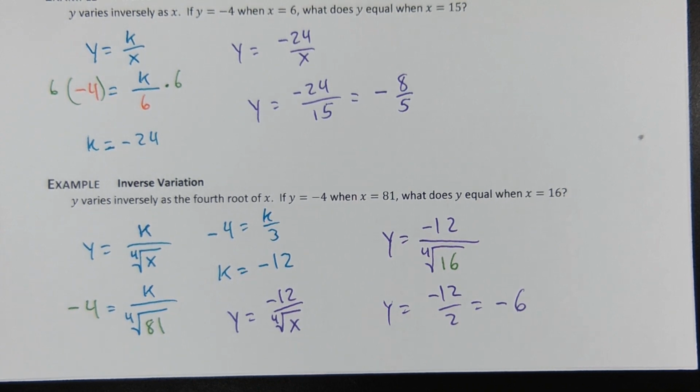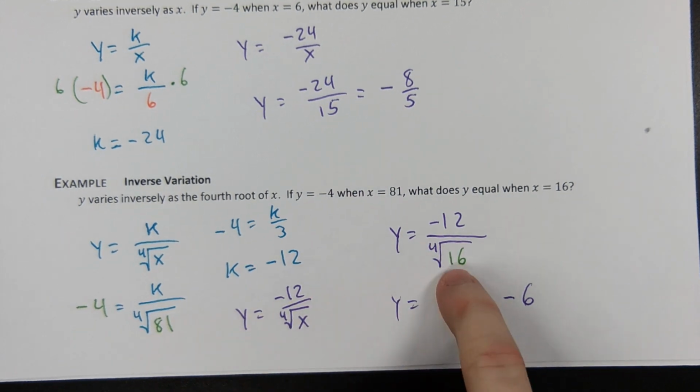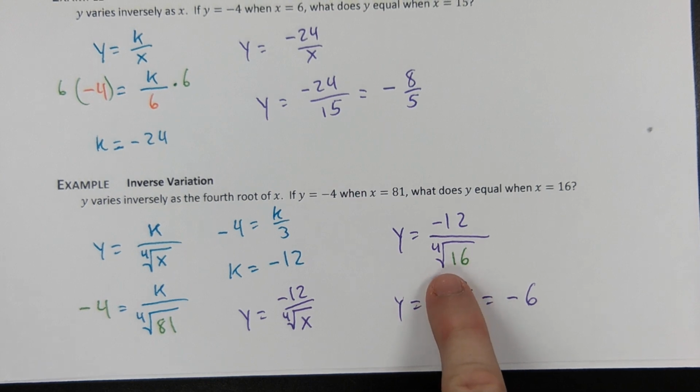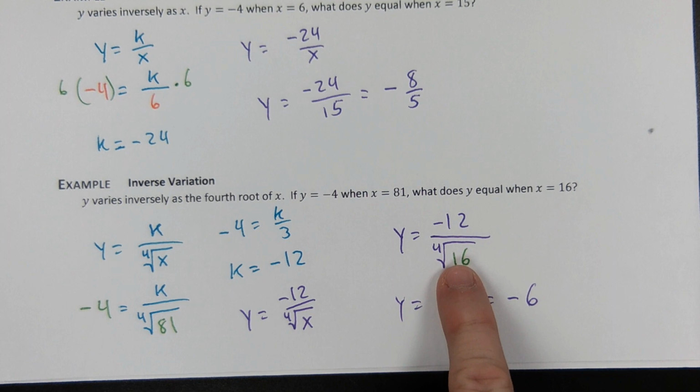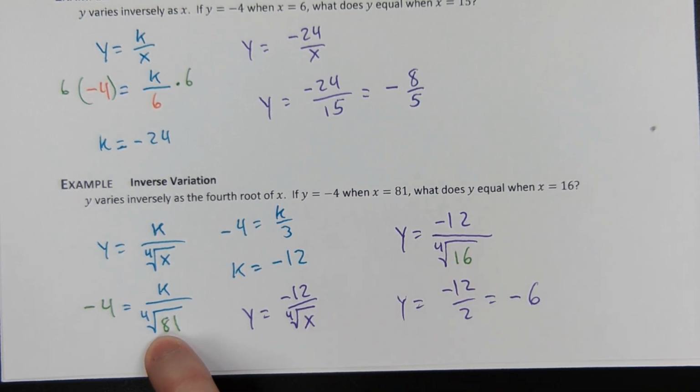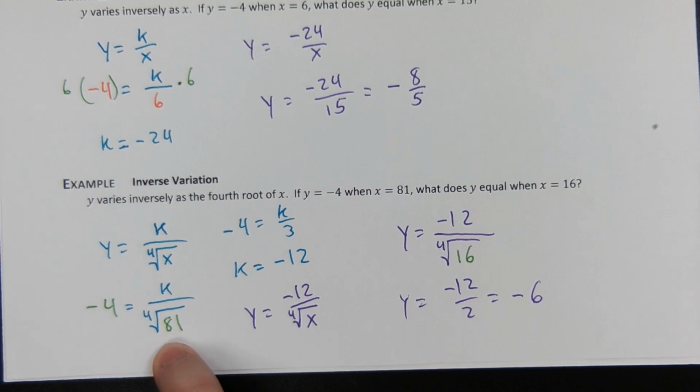Questions, comments, concerns? Yes, Luca. So right here and right here, we are not going to say plus or minus. And the reason why is because we didn't cancel a square with a square root or a fourth power with a fourth root. Now, if I had said the fourth root of x to the fourth, then absolutely plus or minus. The reason why is because if x had been negative, raising it to the fourth power would have still been positive and we wouldn't have known.